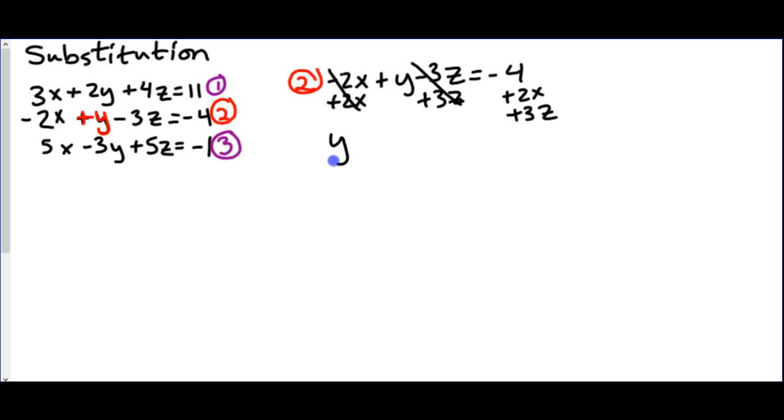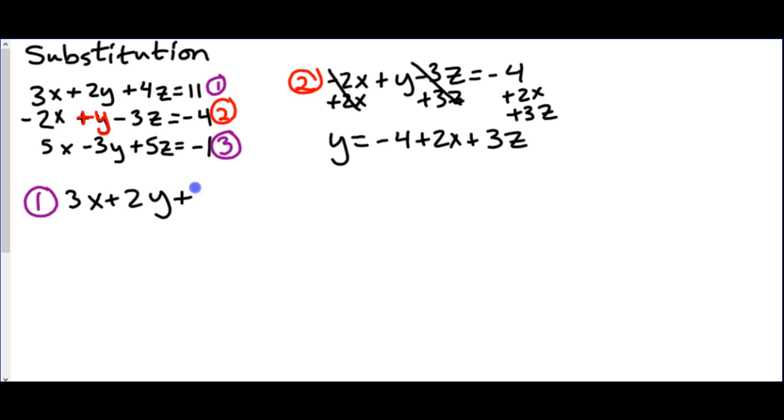So that gives me y equals, and then I can't combine any of those together, none of those are like terms, so I just write them side by side. Negative 4 plus 2x plus 3z. Once you have isolated that letter y, now is where we go back to equation 1 and equation 3. So equation 1 is our 3x plus 2y plus 4z equals 11.